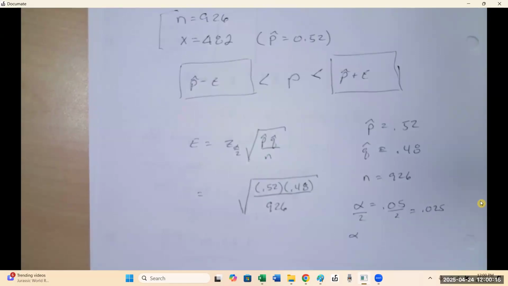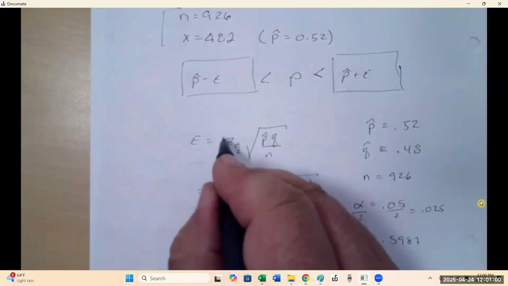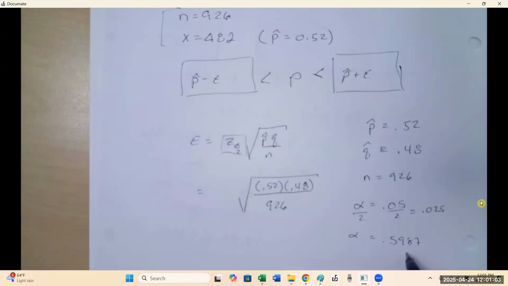That gives me 0.5987. I need to find the Z value for that.